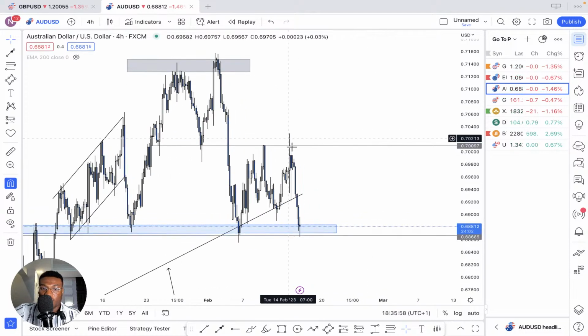That could have been a good opportunity at this resistance level, a good opportunity to hop on sells on the AUD USD market.